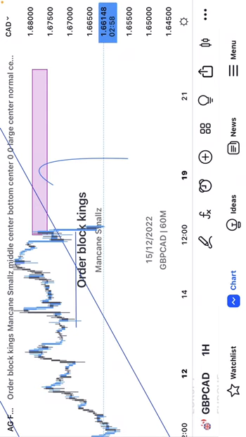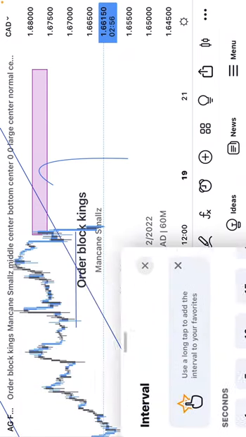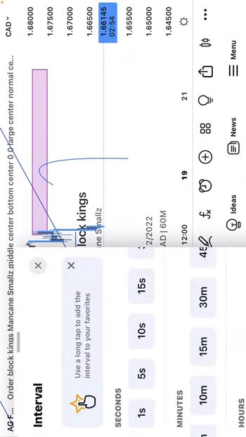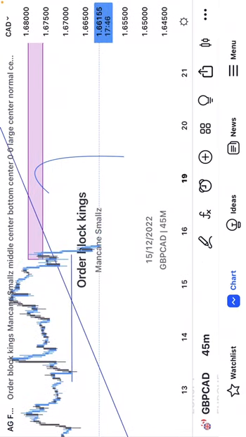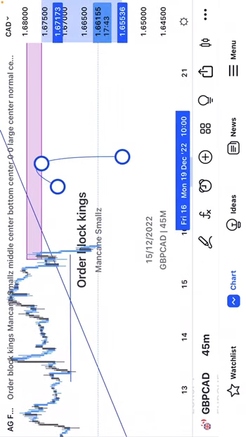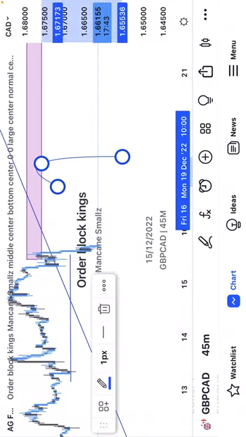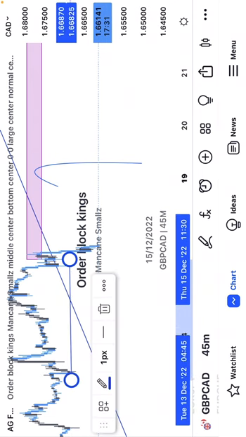I don't know whether to use M30 or M45 to find a good zone there, because I can see that there's a base candle. Yes, that's it. That's a good zone there on M45. So I'm expecting the market to do this, since they broke out there, since they broke this lower low.